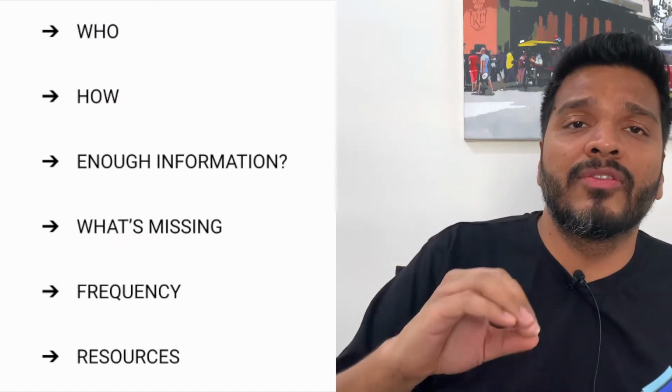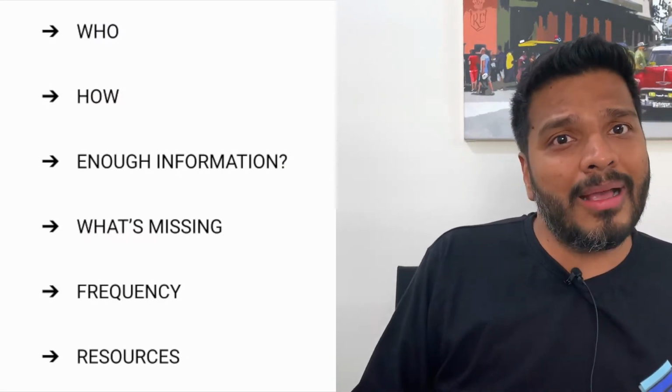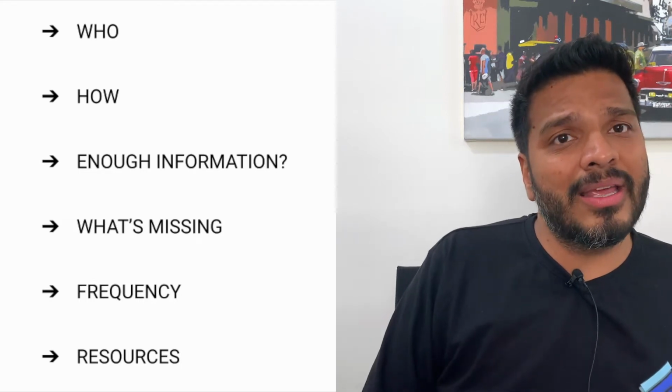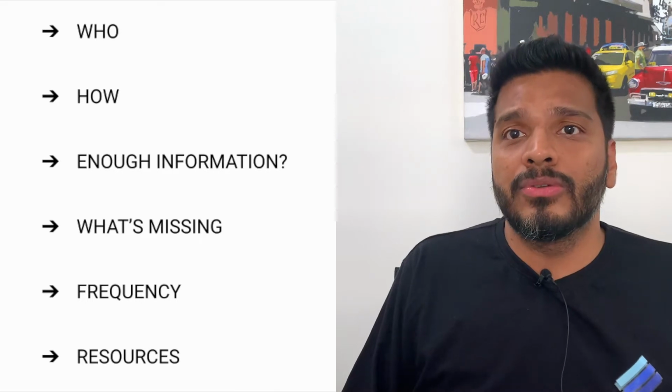What's the most important part in this process is for you to first find the answers to the following questions and create a process. First question is, who is giving the feedback? Does most of your feedback come from your internal stakeholders or customers? How do they provide the information to you?